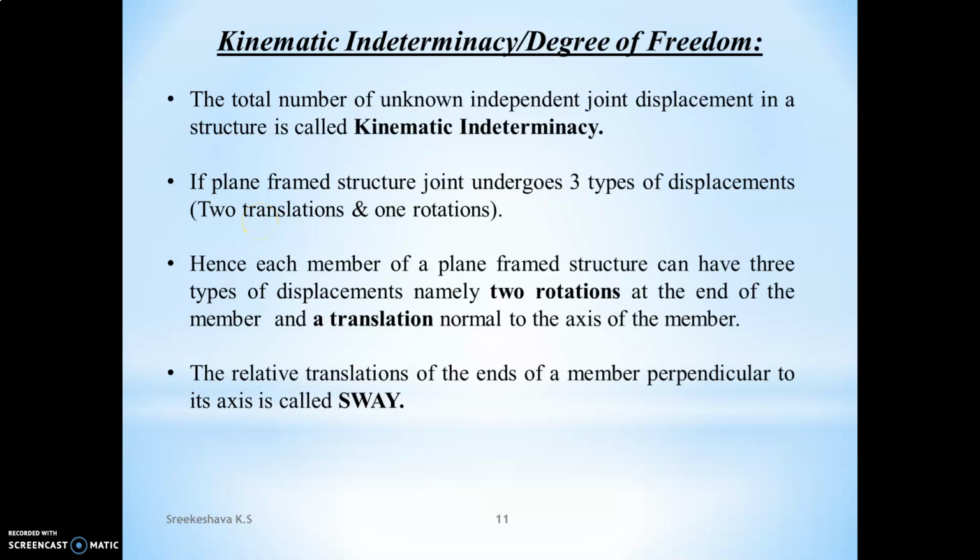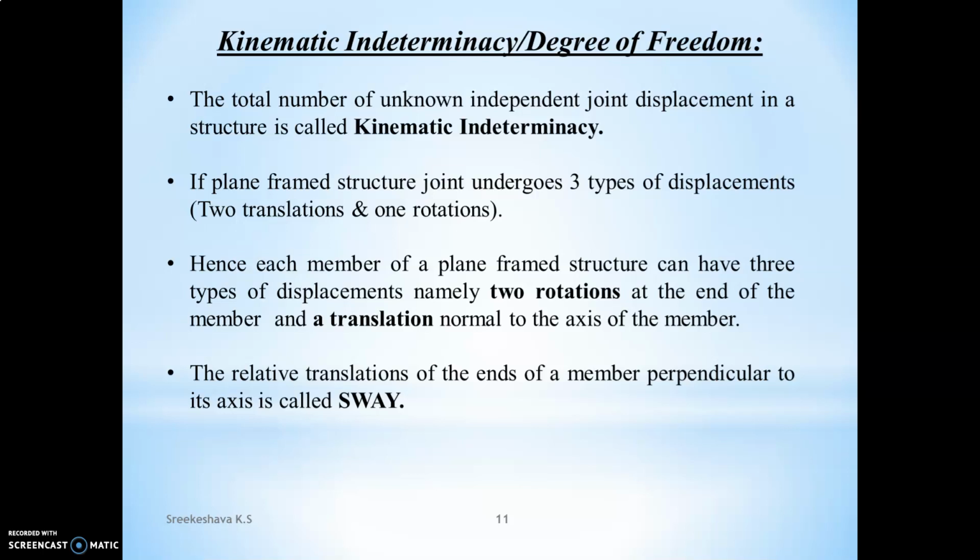How many equations of equilibrium are there? Three, right? So a hinge can resist vertical and horizontal reactions because it has two reactions, but it will allow rotation. Hence, the degree of freedom at a hinge joint is 1.